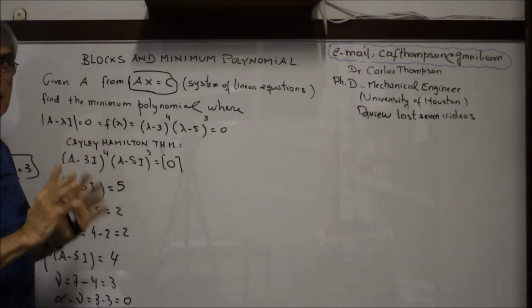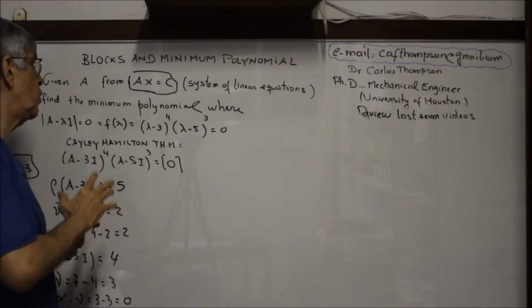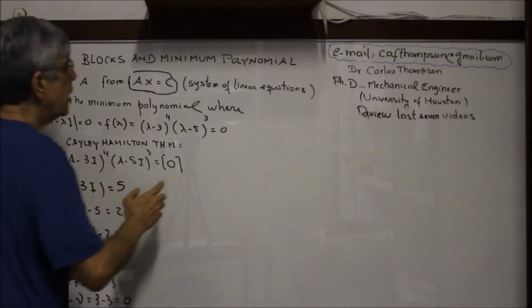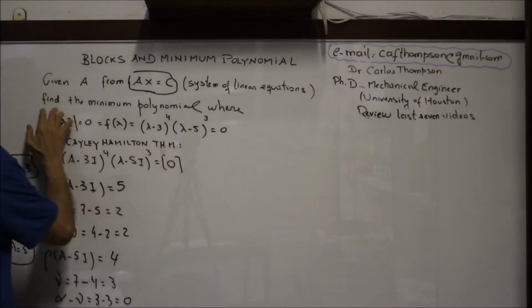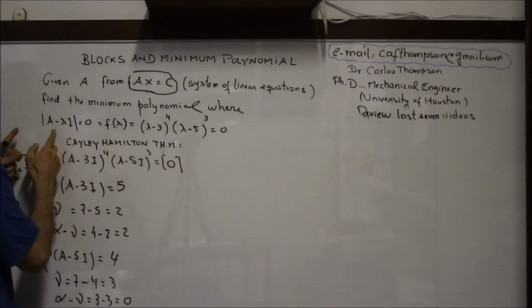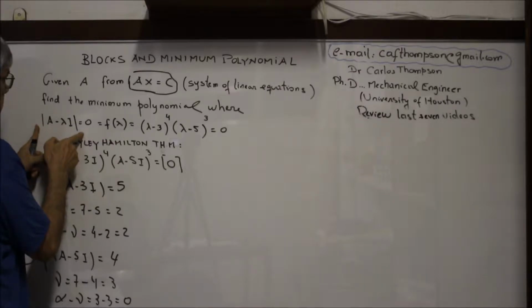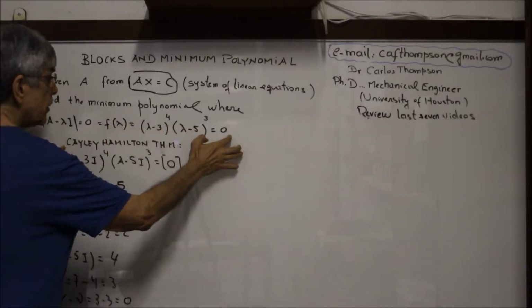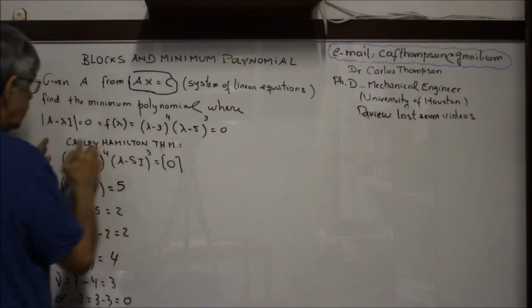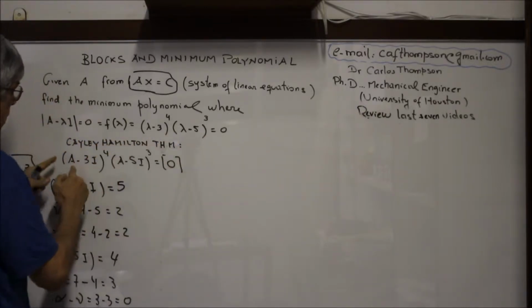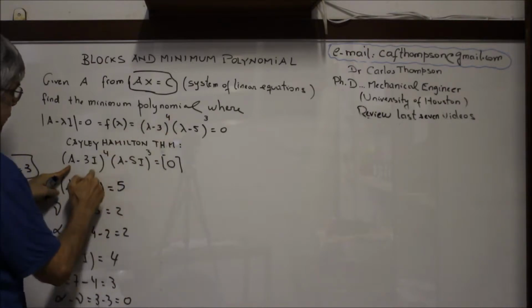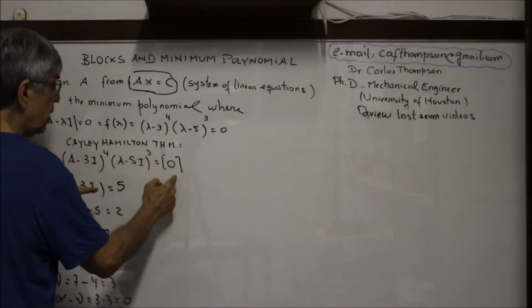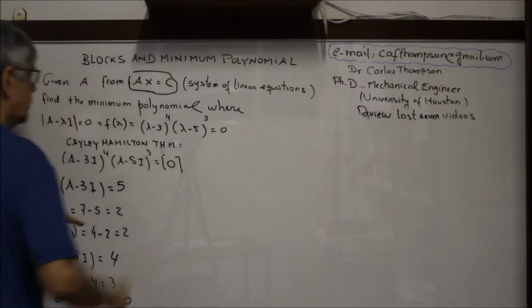The elements of A are the coefficients of the unknowns X. Now, to find the polynomial, the determinant of A minus lambda I is equal to 0, then I get my characteristic polynomial. And then from the Cayley-Hamilton theorem, we know that (A minus 3I) to the power 4 times (A minus 5I) to the power 3 is equal to the zero matrix.